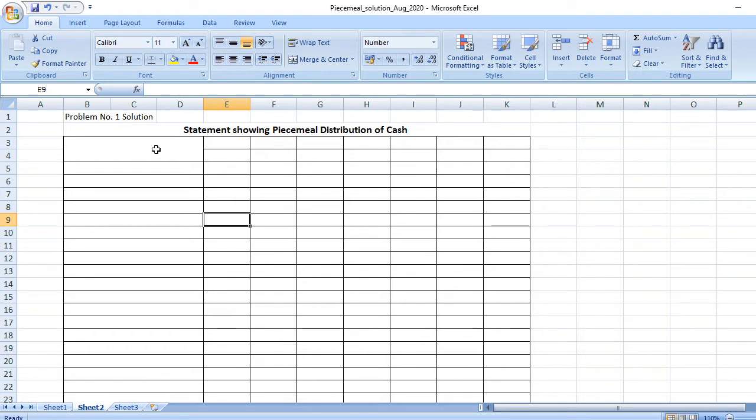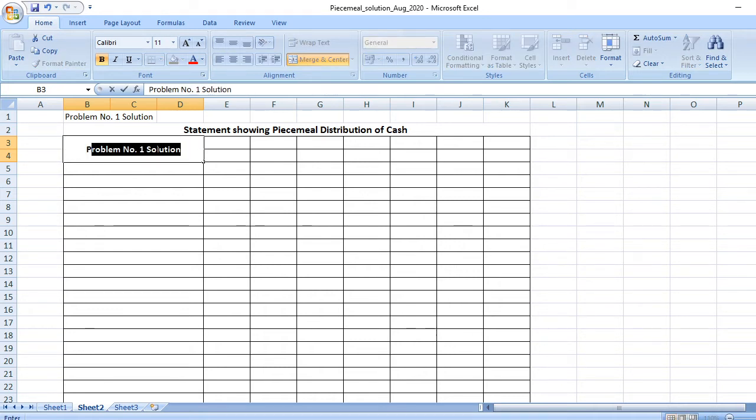We will prepare this statement and find out whether the partnership firm suffers losses or earns a surplus amount of profit after the dissolution. This is the statement showing piecemeal distribution of the cash.